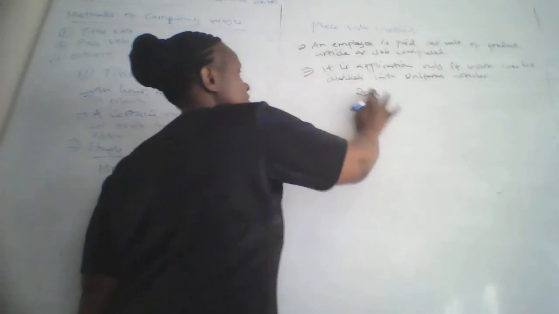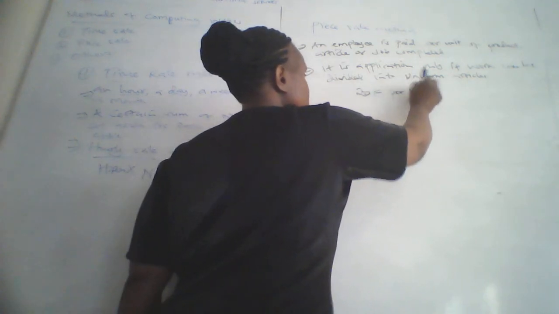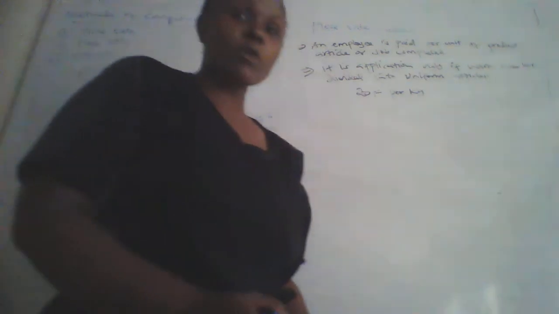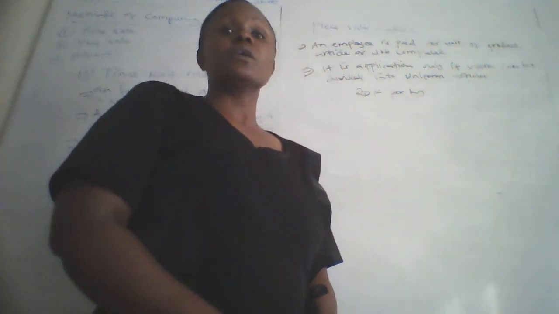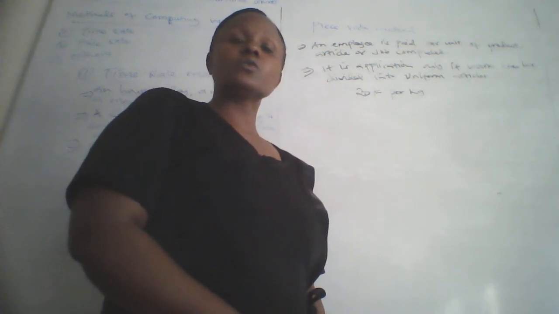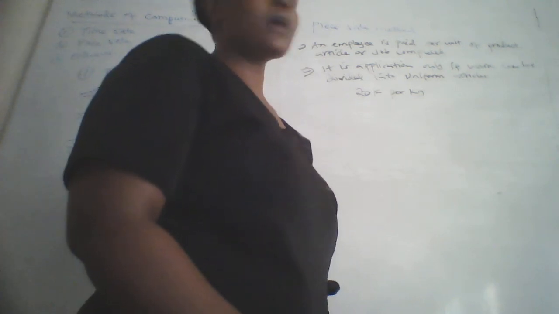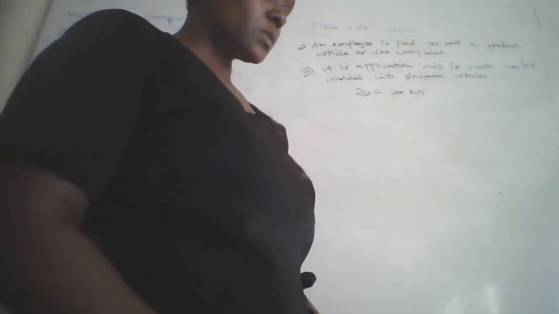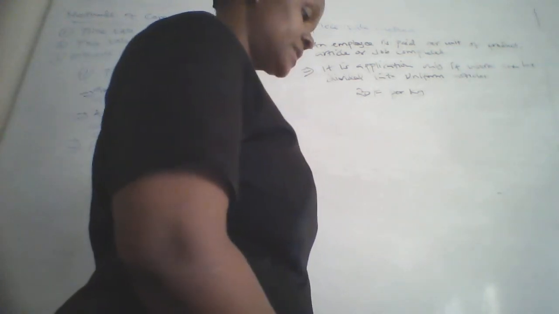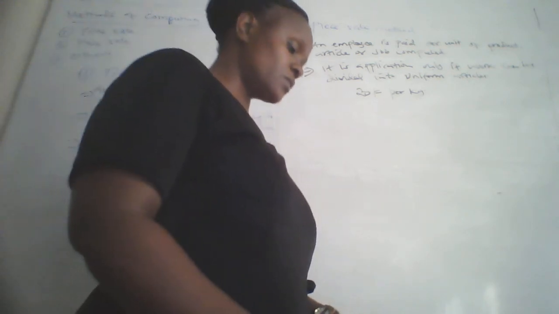If you say you are going to pay, for example, 20 shillings per kilogram, it means you are going to divide the work done into kilograms. If that work cannot be divided into kilograms, then you are not going to use such a method. Make sure you use piece rate where work can be divided into uniform articles or pieces. If they cannot be divided, then you don't use that method.